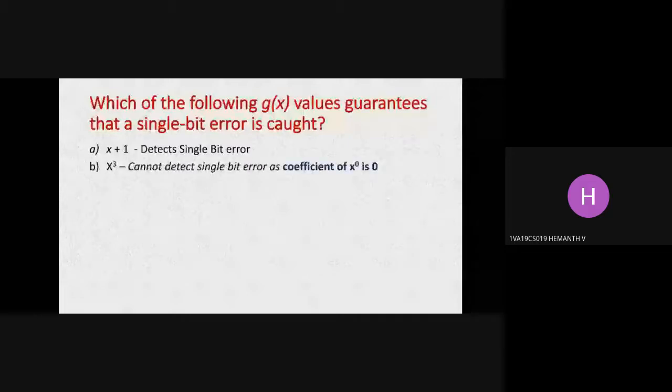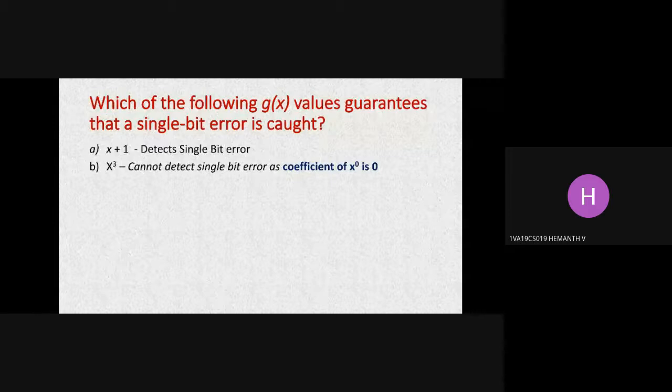Next generator is x power of 3. It doesn't follow the statement I explained at the beginning of this class. It cannot detect a single bit error as the coefficient of x power of 0 is 0 here. The last term where we had written +1 is not there. That's why this generator polynomial cannot detect a single bit error.